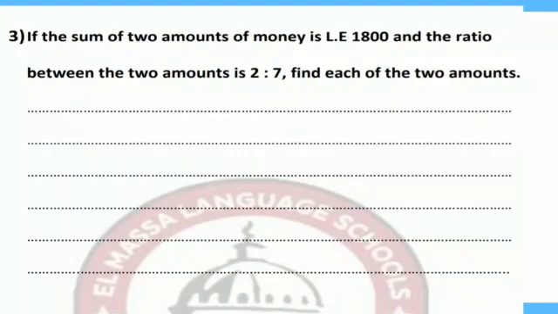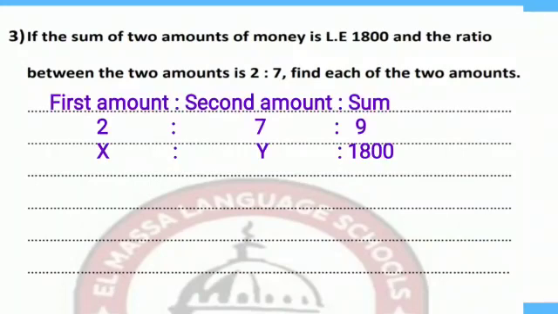We will write first amount to second amount to sum, and we will write 2 to 7 to 9, and we will write x to y to 1,800. x equals 2 times 1,800 divided by 9 equals 400, and y equals 7 times 1,800 divided by 9 equals 1,400.